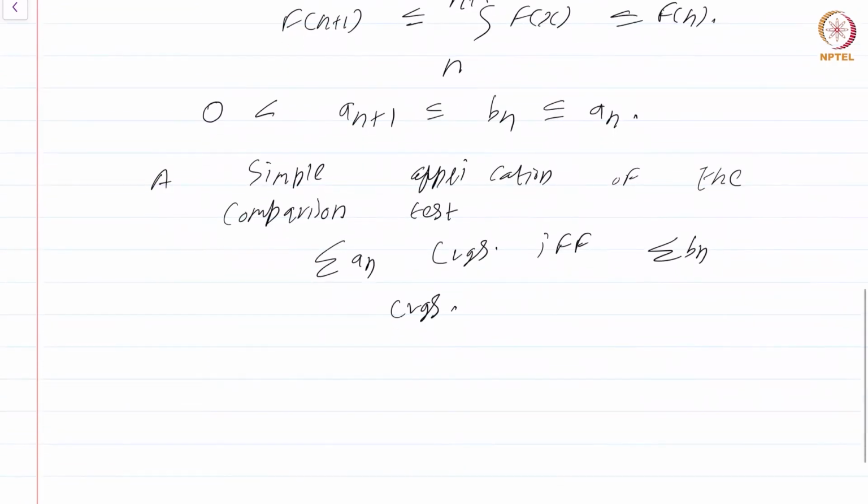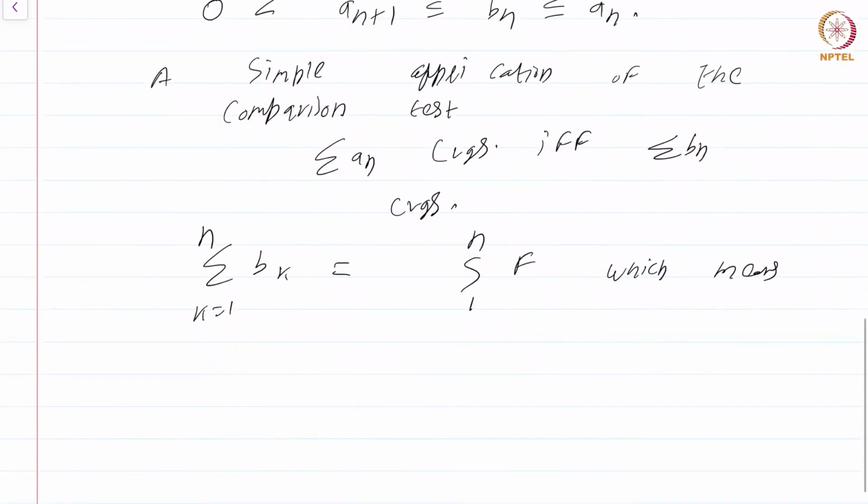Okay, but what is summation b_n? Let me be 100% precise: summation k equals 1 to n of b_k is nothing but the integral from 1 to n of f, which means summation b_k converges if and only if the integral from 1 to infinity of f exists and is finite.